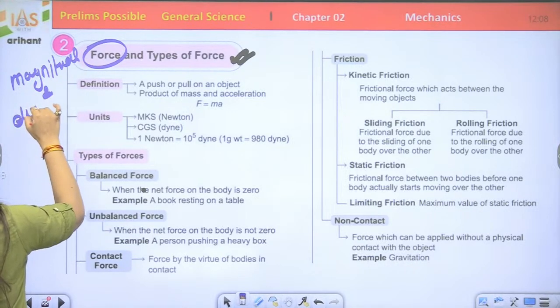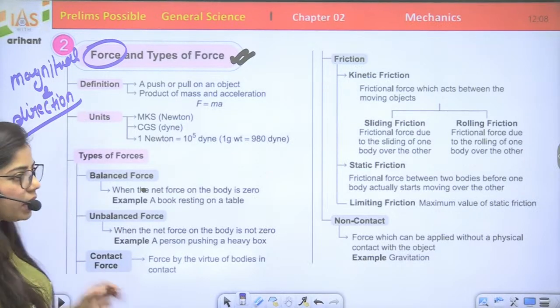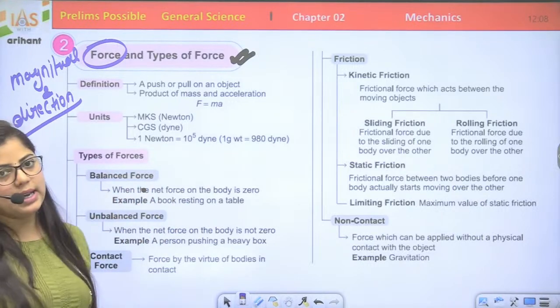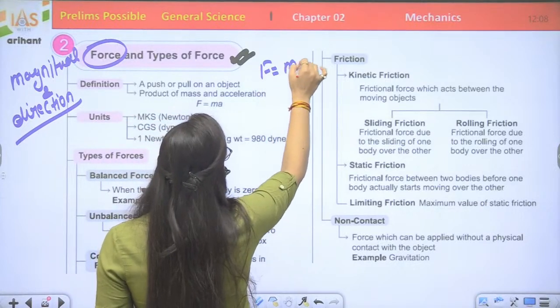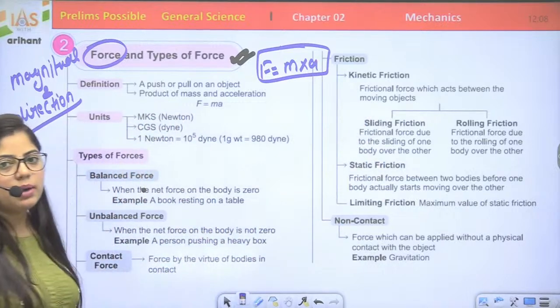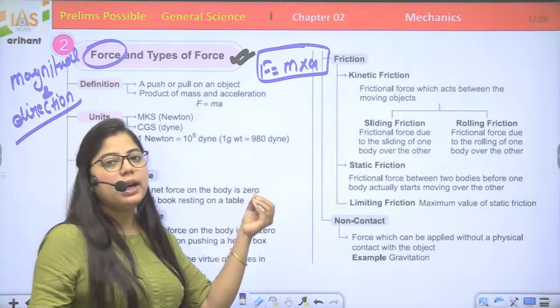See, a push or pull on an object, the product of mass and acceleration. The force formula is mass into acceleration, and we are also going to discuss its dimension.